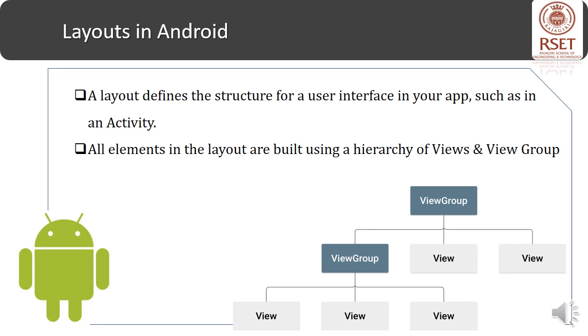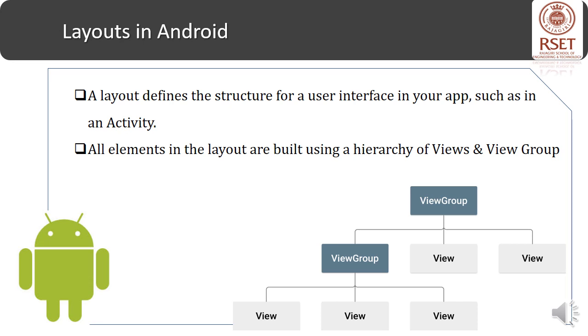Recall what you have studied about views. A view usually draws something the user can see and interact with, right? So you have studied about edit text view, button view, image view. Whereas a view group is an invisible container which defines the layout structure for views and other view group objects.